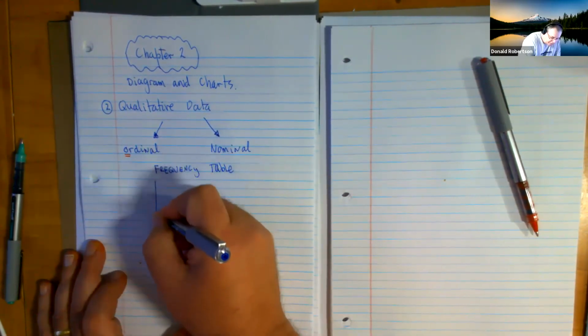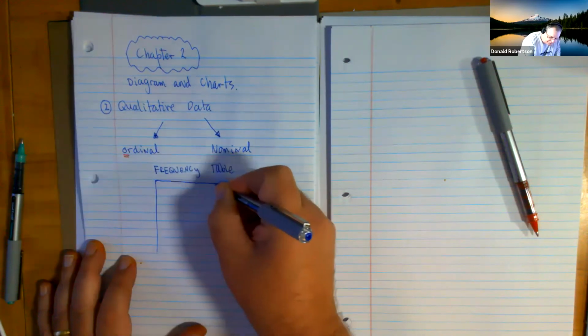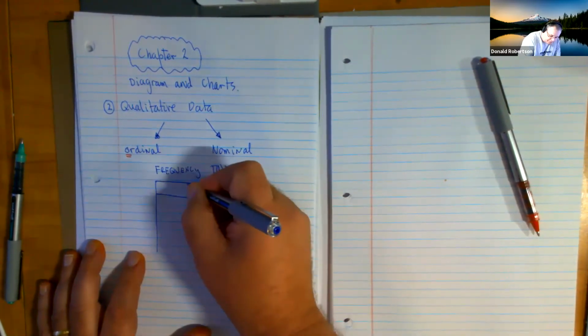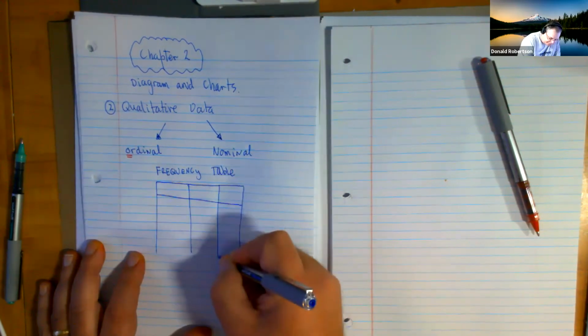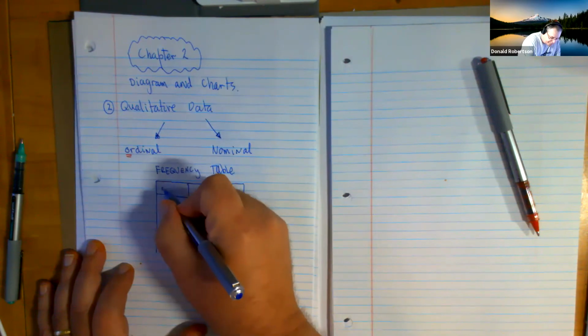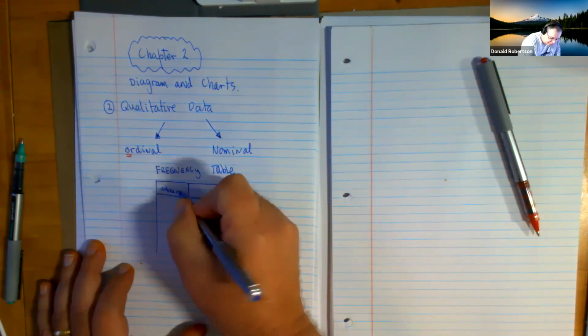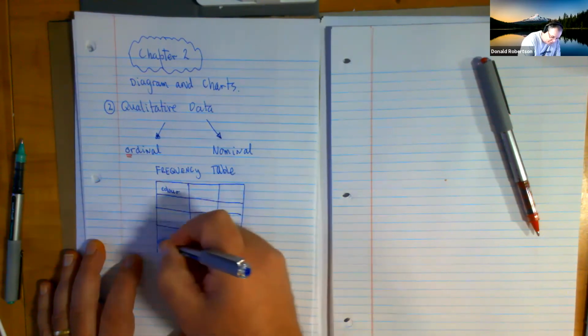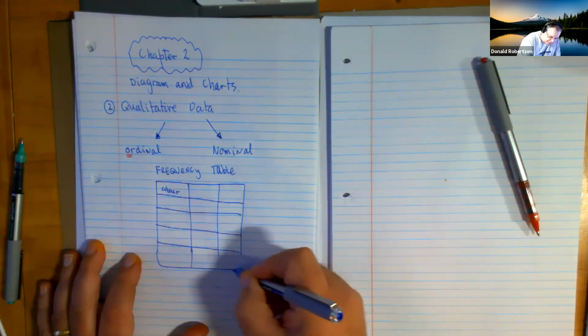I'm just going to cut to the chase here and show you what a frequency table might look like in these situations. So you went and asked a number of, we'll do the children's colour thing. You asked a number of children what their favourite colour was.